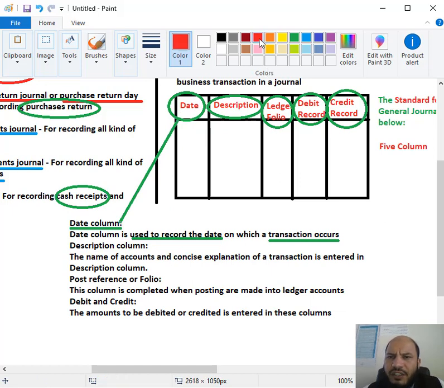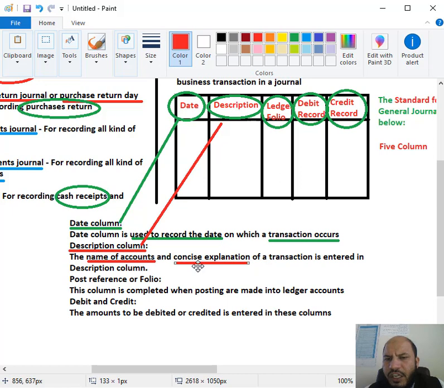The second column is the description column. What does the description column tell us? Dear students, the description column explains the name of accounts. Here we will record the name of all those accounts and a concise explanation. So we will have two things: the name of accounts, and second, the concise explanation of the transaction.